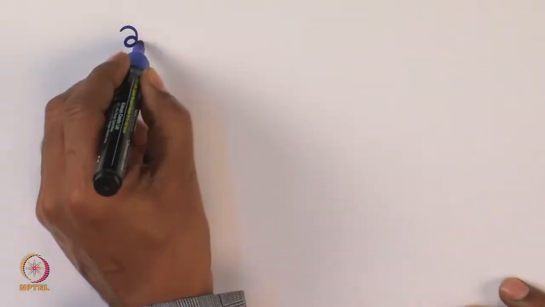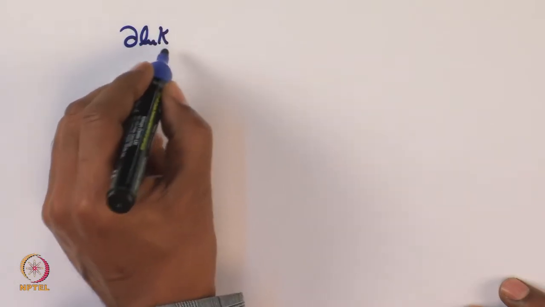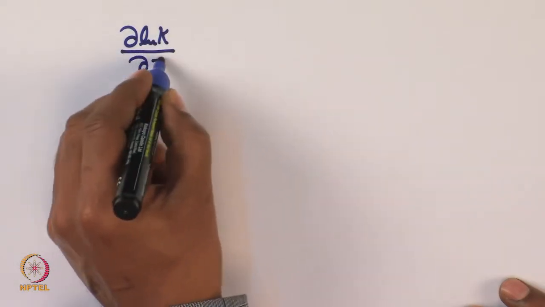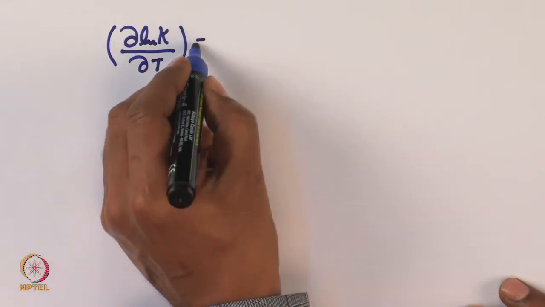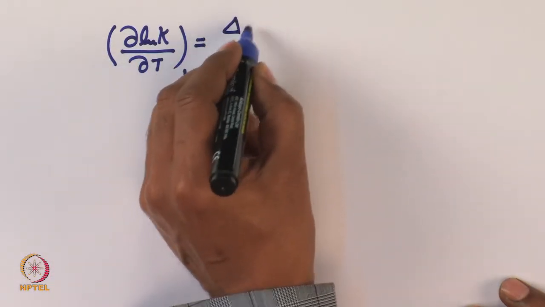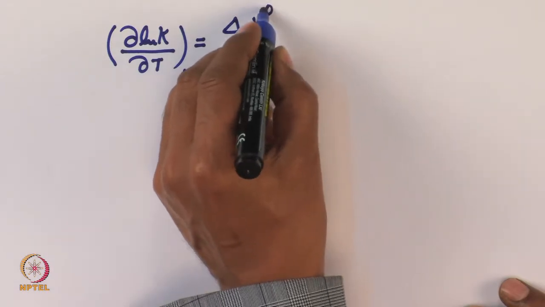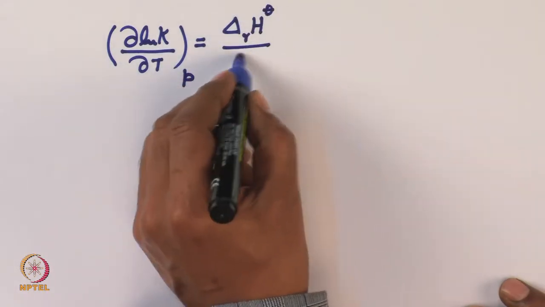It is d log K by dT at constant pressure is equal to reaction enthalpy by RT square.